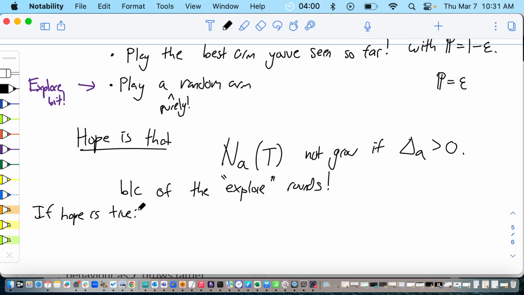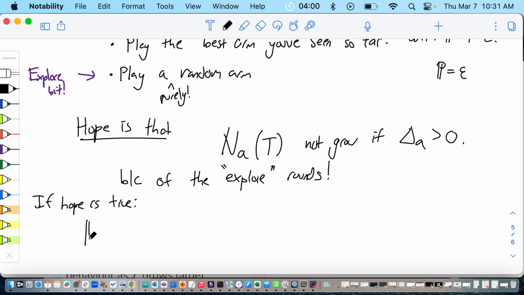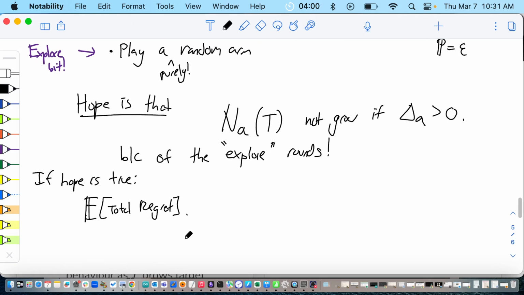And if that hope is true, what is the total regret? The total regret is going to be the expected value of the total regret. So we're hoping that as t gets very large, the arm we eventually settle down on will be the true best arm. That will have a regret of 0.